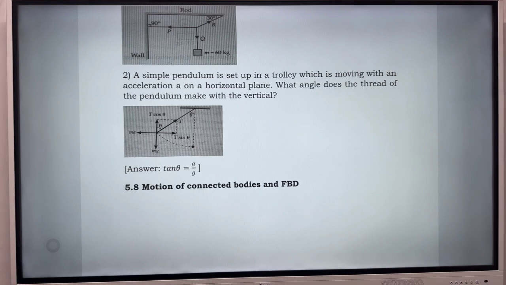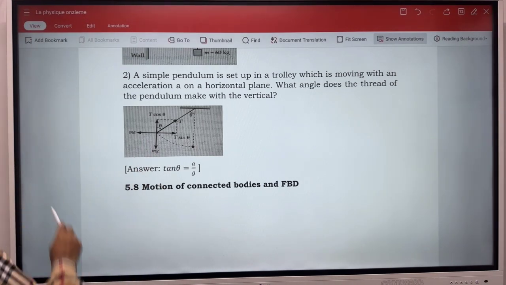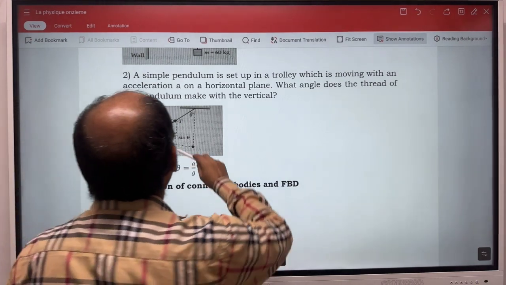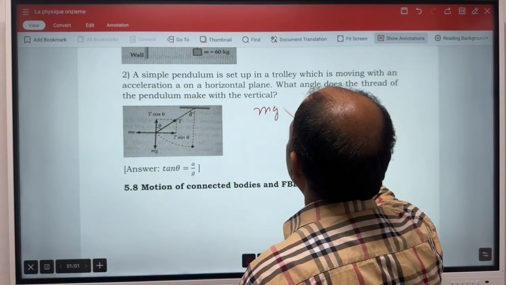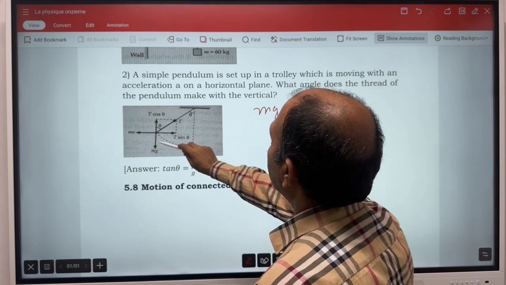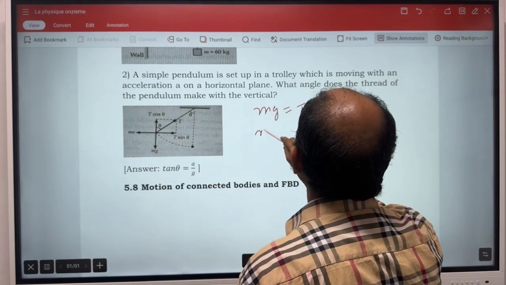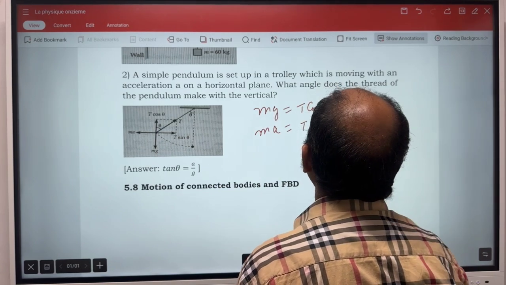So here the situation is shown. Again, it is simple. The components are given clearly: mg is balanced by T cos theta and ma is balanced by T sin theta.